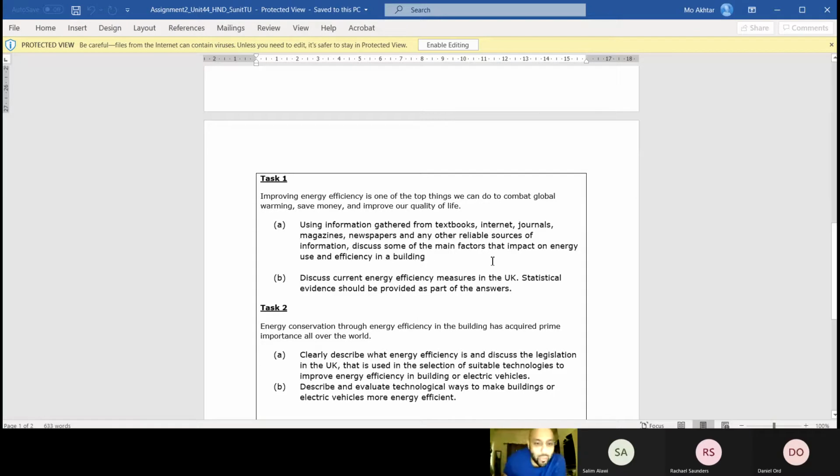So, last week we did a lesson about buildings and how to conserve energy within the building, and different technological factors involved. So it says here, discuss some of the main factors that impact on energy use and efficiency in a building. So you can talk about, for example, what energy uses occur in a normal building.